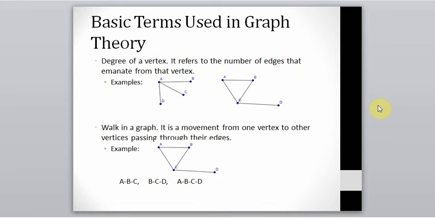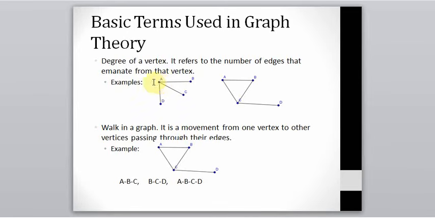So here are some basic terms used in graph theory. First is the degree of a vertex. The degree of a vertex refers to the number of edges that emanate from that vertex. Example, look at this first graph. You have 4 vertices, A, B, C, and D. For vertex A, the degree is the number of edges that emanate from this vertex.